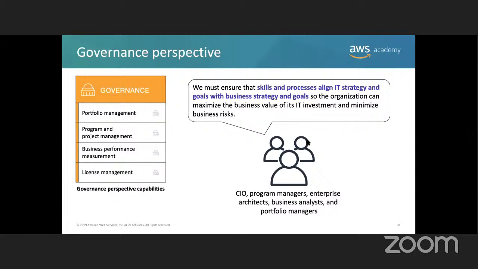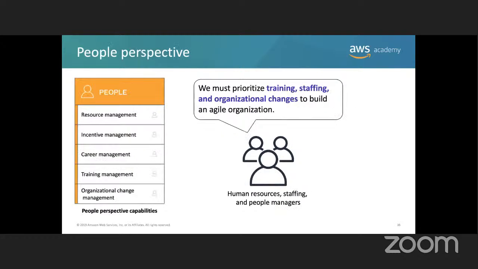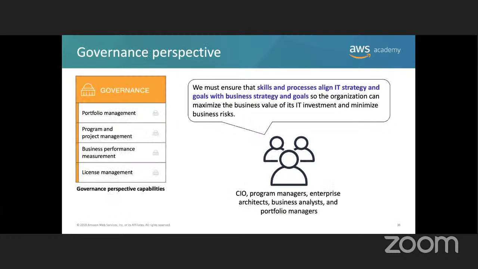So the other one that we have here is governance, right? This has to do with the stakeholders from the governance perspective, for example, the chief information officer or CIO, the program managers, the enterprise architects, the business analysts, and the portfolio managers.